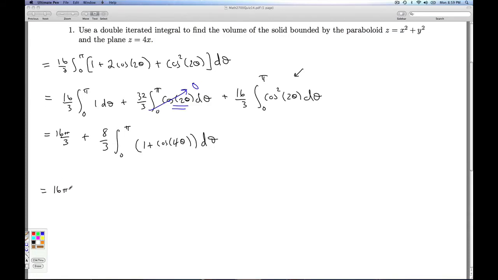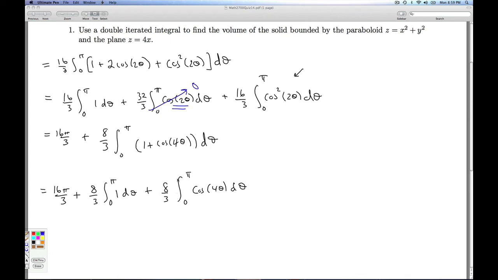So I get 16 pi over 3 plus 8 thirds, integral 0 to pi, 1 d theta, plus 8 thirds, integral 0 to pi, cosine 4 theta d theta. And the period of this function is pi over 2.